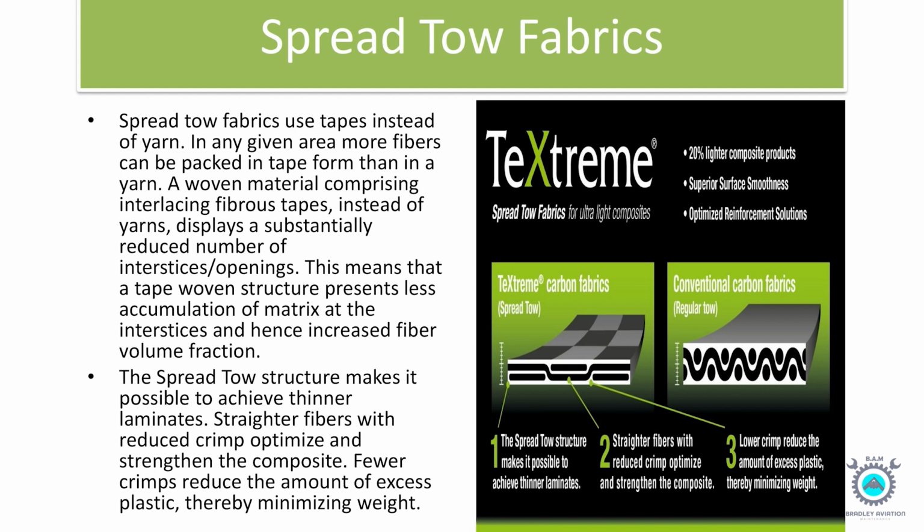This means that a tape-woven structure presents less accumulation of matrix at the interstices and hence increased fiber volume fraction. The spread tow structure makes it possible to achieve thinner laminates. Straighter fibers with reduced crimp optimize and strengthen the composite. Fewer crimps reduce the amount of excess plastic, thereby minimizing weight.